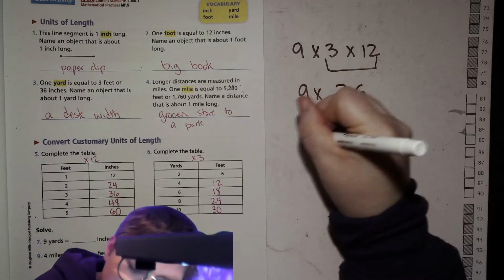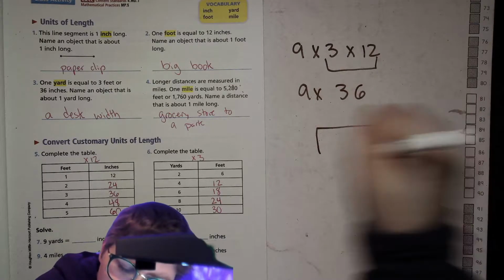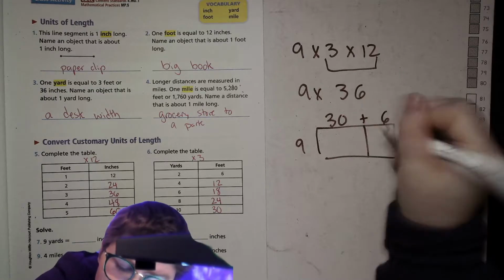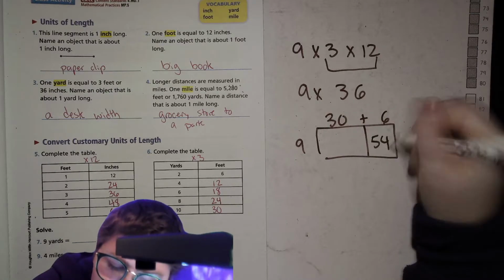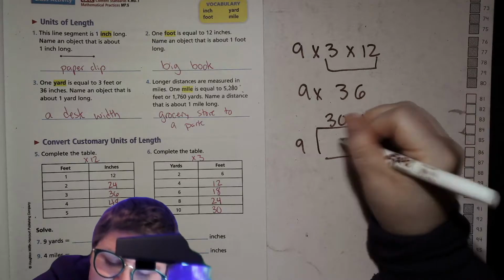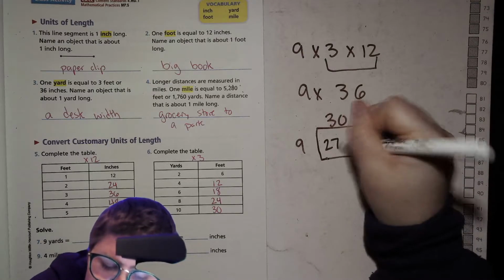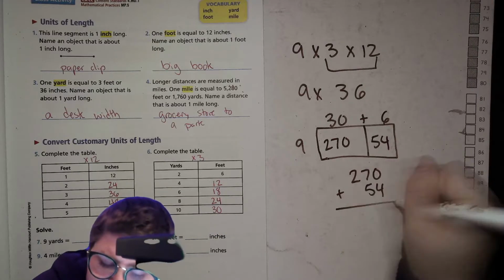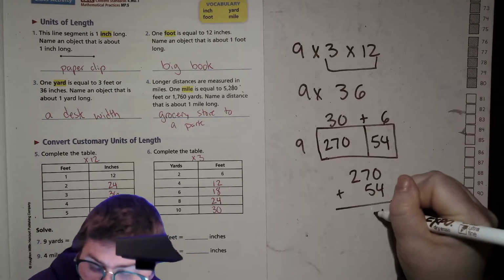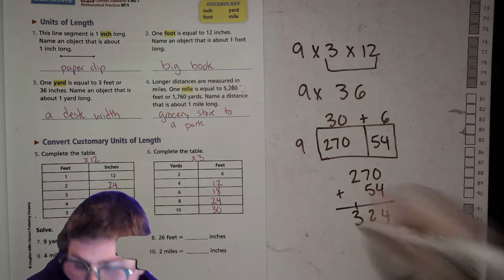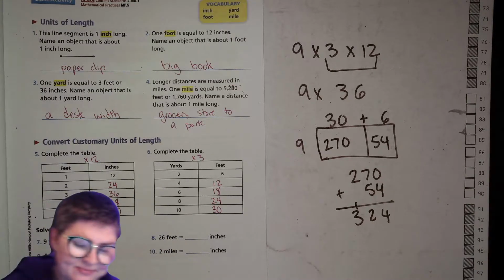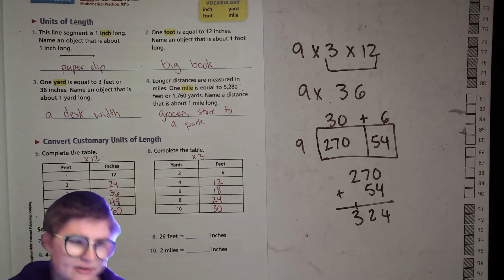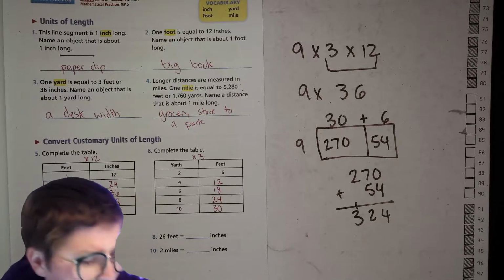And then 36 is 30 plus 6. So 9 times 6 is 54. And 9 times 30 is 270. So 270 plus 54 is 324. Not as neat, wouldn't you agree, as the metric system with all those comfortable zeros.